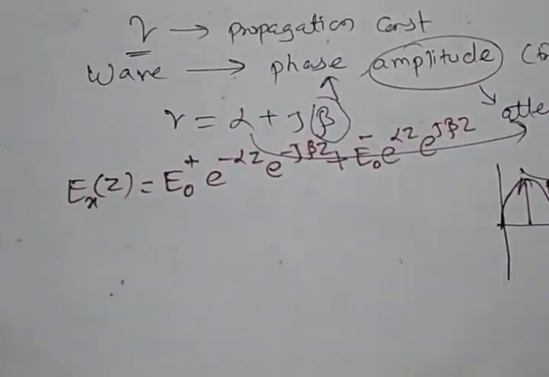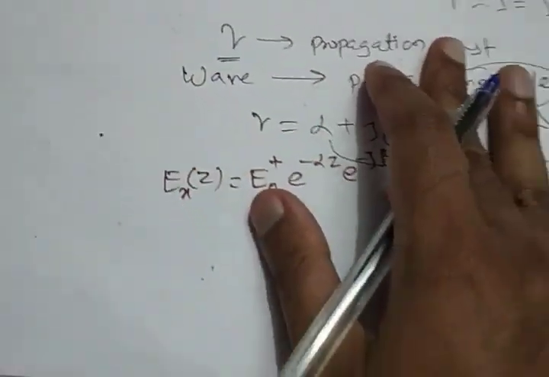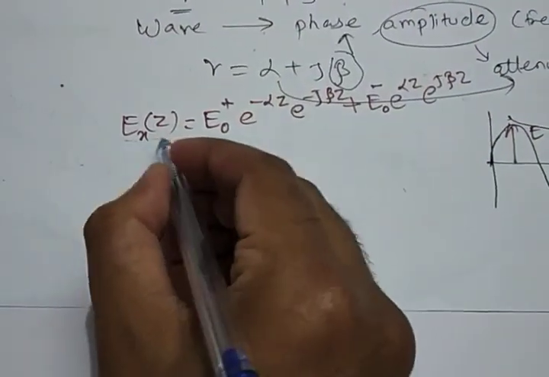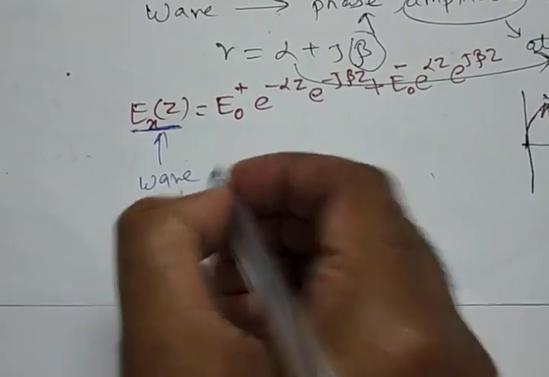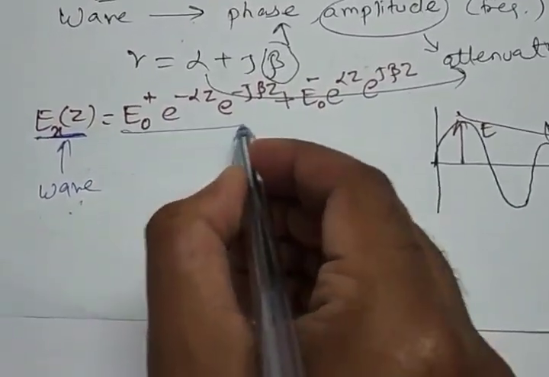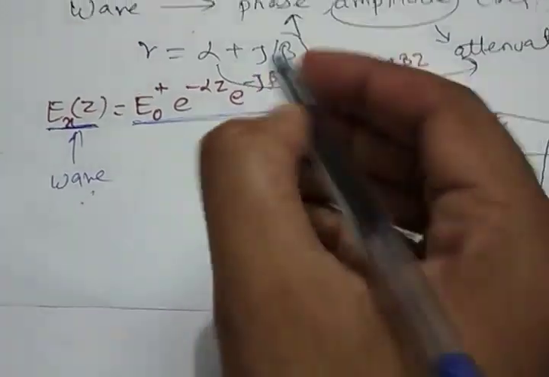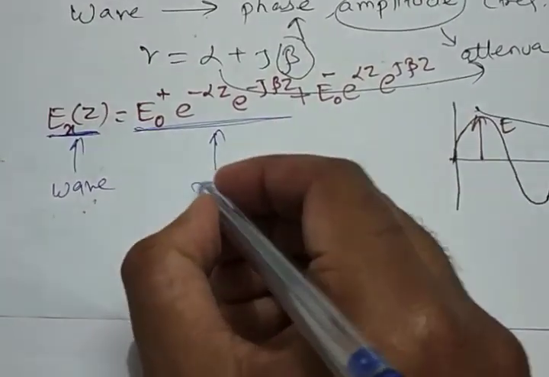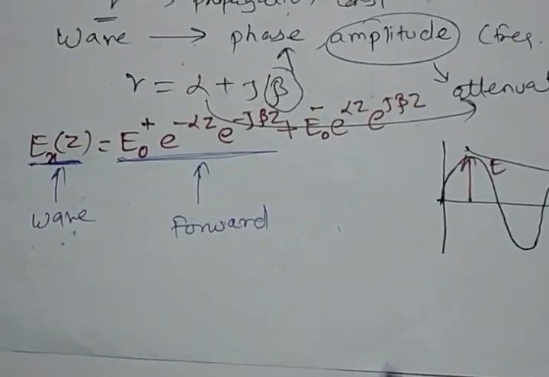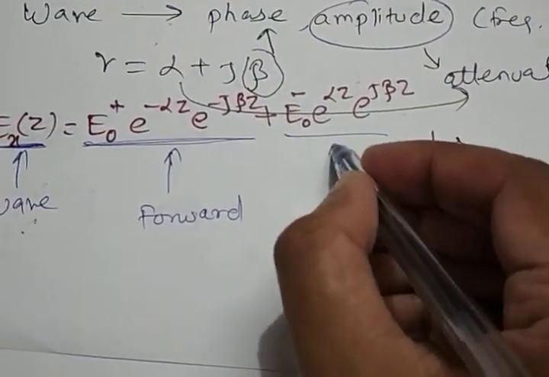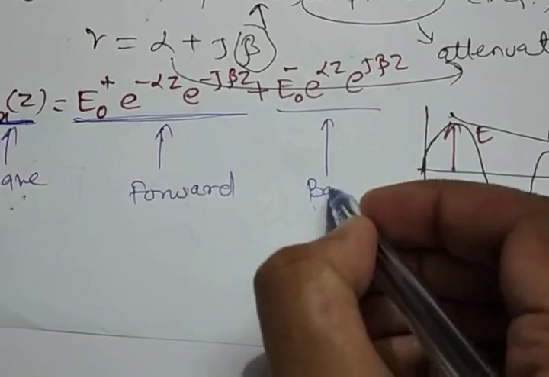So this is the whole wave, and this part is for the forward wave and the remaining part is for the backward wave.